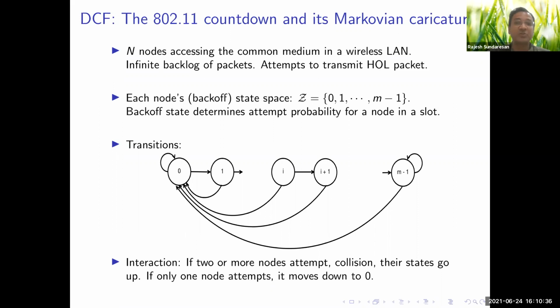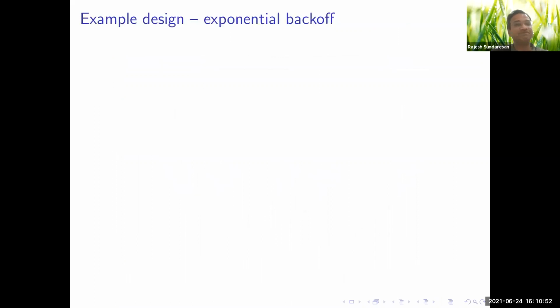That's the situation when the packet transmission has failed, and each of the nodes then jumps to the next higher state. On the other hand, if there's only one node that attempts to transmit, then this transmission succeeds and the node jumps to state 0. So that's the interaction between the nodes. Okay. So this is as far as this wireless LAN system and interactions are concerned.